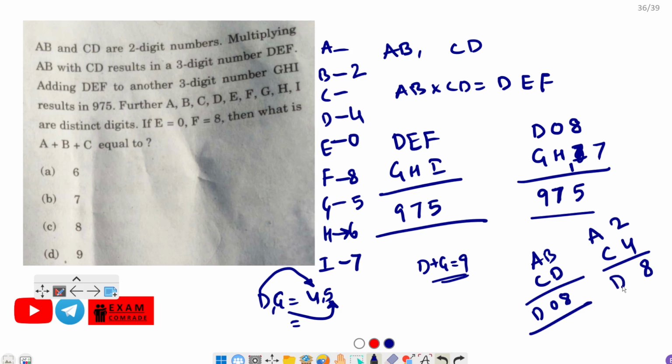Okay, 408. We are left with A and C, right?